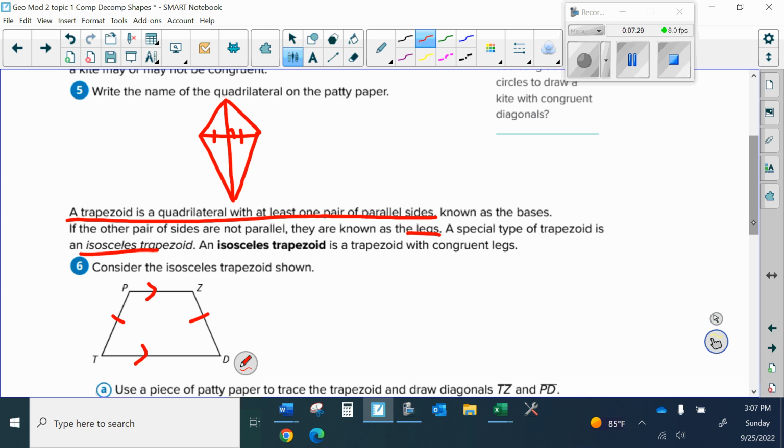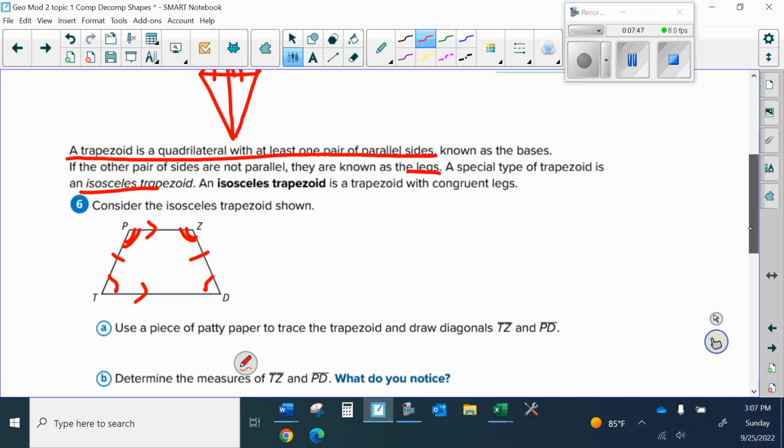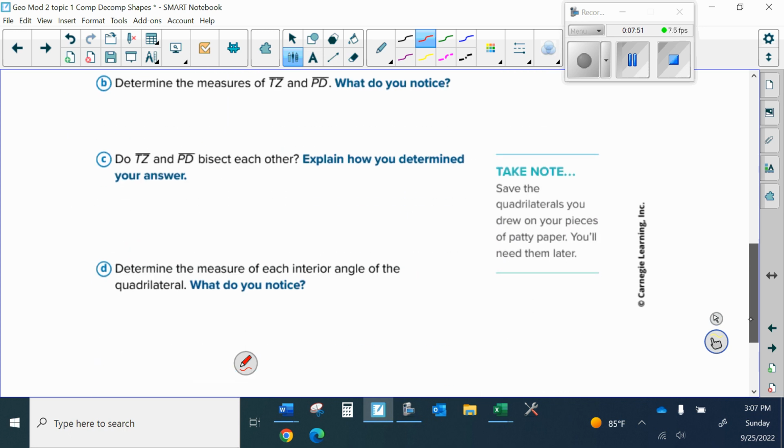That's an isosceles trapezoid. When I have an isosceles trapezoid, just like an isosceles triangle, then the base angles are congruent. In this case, we have two bases, so both pairs of base angles are congruent. Okay, so you can fill that in there. Look to see that those are filled in on your quadrilateral hierarchy sheet as well.